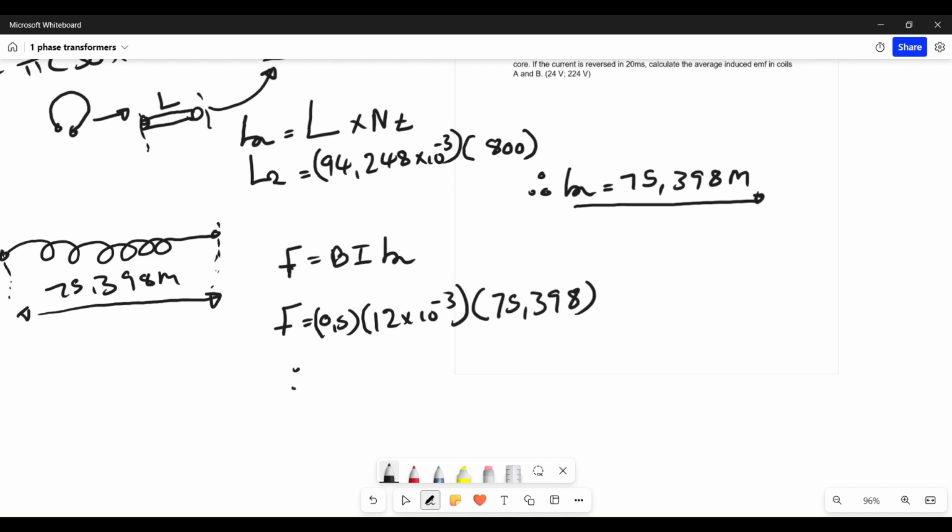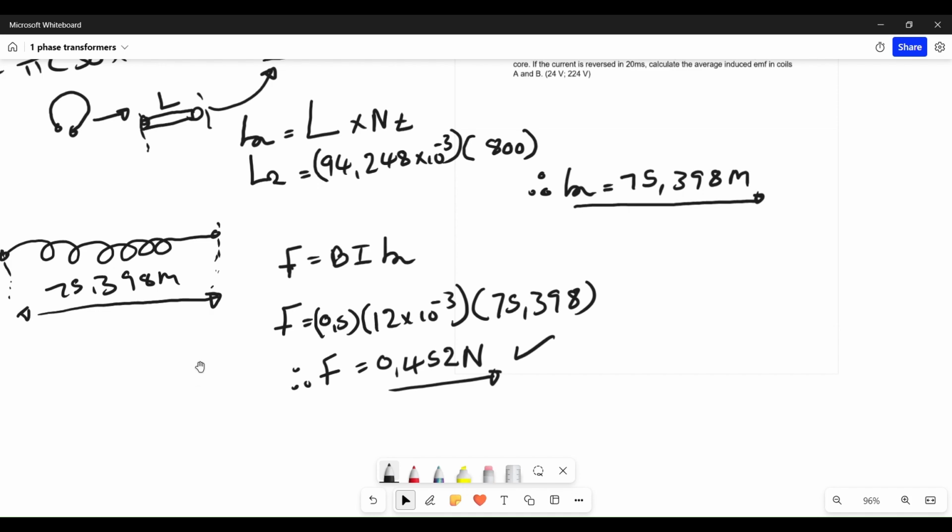So therefore our force is equal to, let's calculate, okay, this gives us 0.452 newtons.